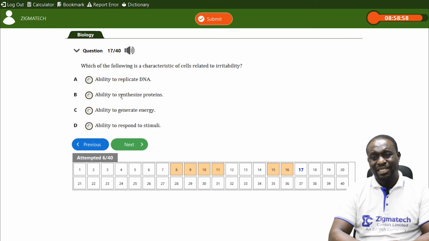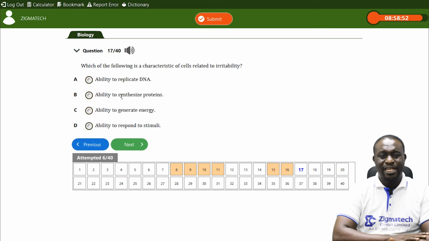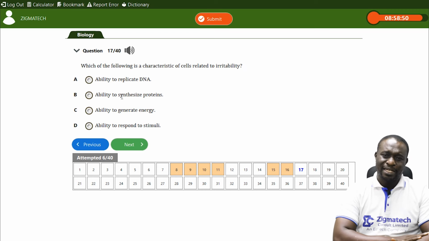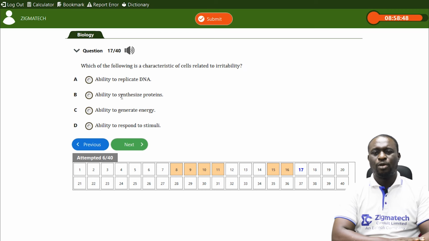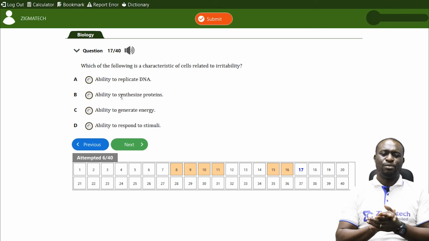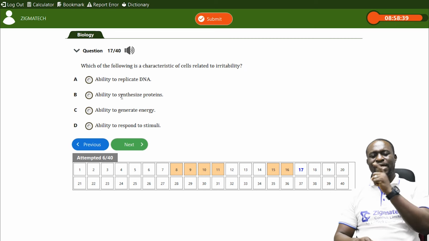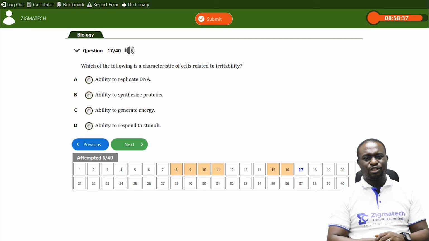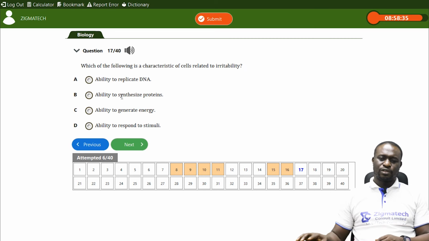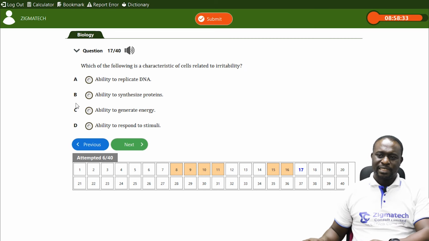Actually, the organelle responsible for generation of energy in the cell is the mitochondria. But option D says ability to respond to stimulus. So that is the correct answer. Ability to respond to stimulus. So option D is our correct option.